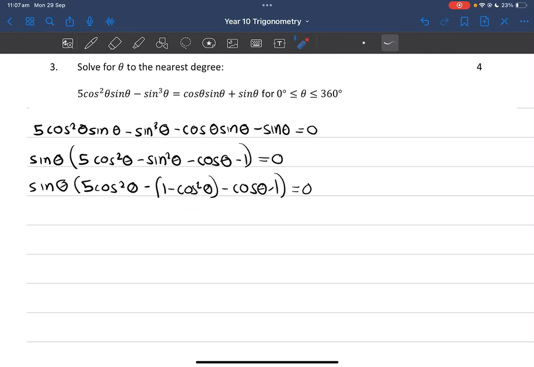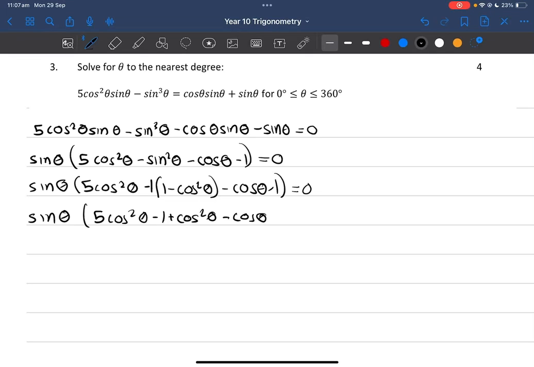Now, we can expand this bracket. This is just a minus 1. And then we can times each of these terms by this minus 1. So this becomes sine theta, 5 cos squared theta, minus 1, and 2 minuses make a plus. So plus cos squared theta minus cos theta minus 1 equals 0.